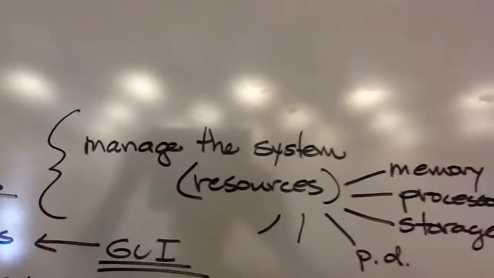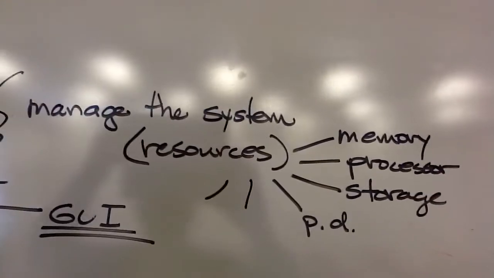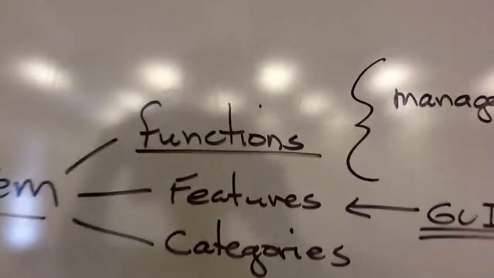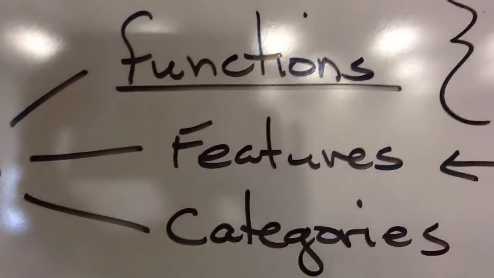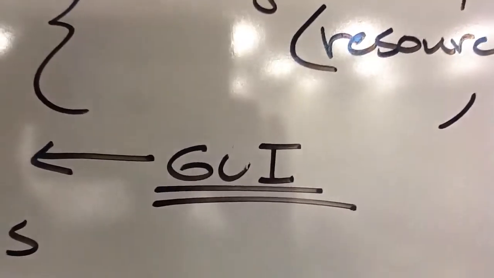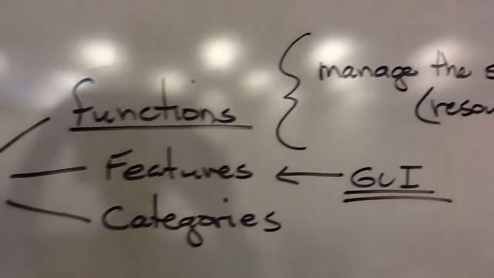Operating system, we talked about three areas, different functions. An operating system manages our resources: memory, processor, storage, peripheral devices, all these things connected to our hardware. Different features of an operating system. The one we talked about first was the GUI, how you communicate with that computer. How does it manage that communication?